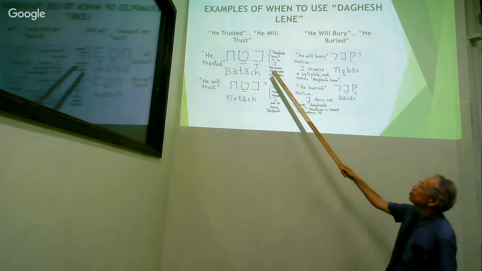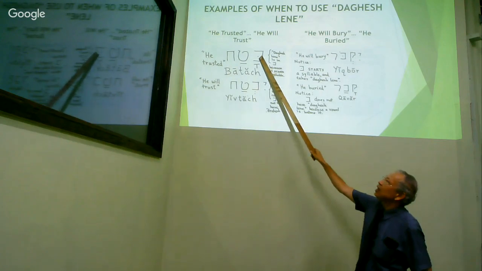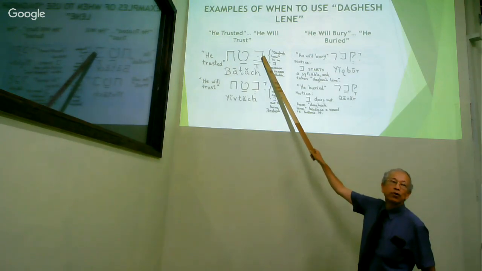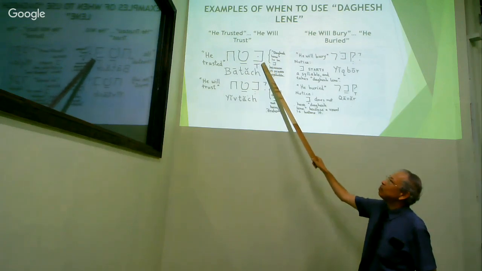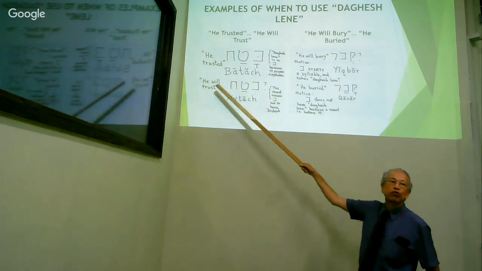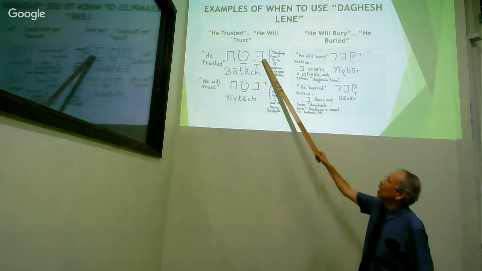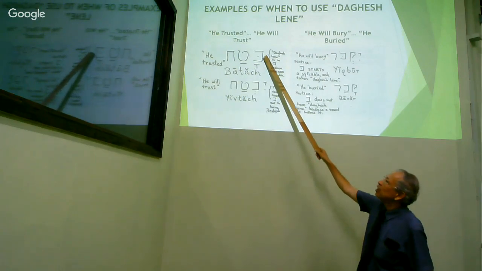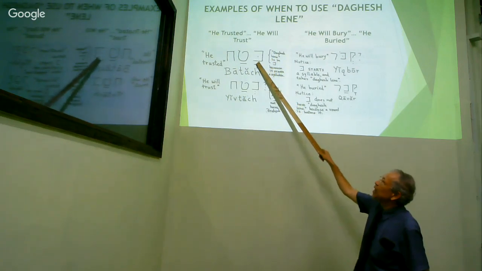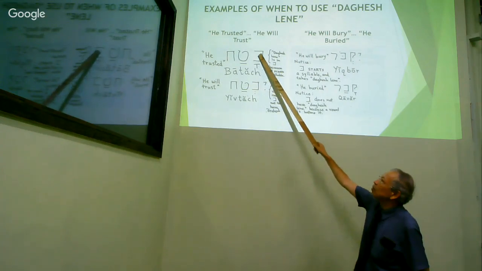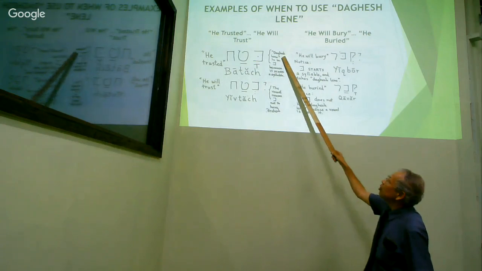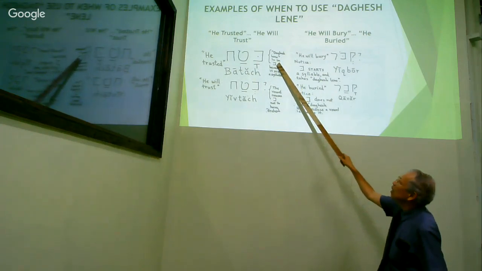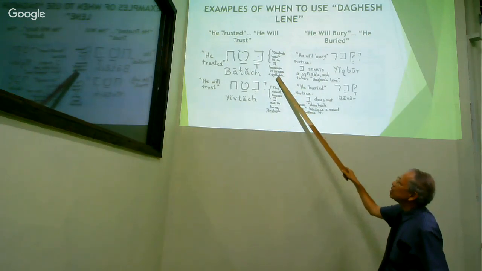Now, notice there is a Daghesh Lene in the Beth, and it starts a syllable. This is batak, which means he trusted. And notice it starts the syllable. It's at the beginning and it starts the syllable. Ba. So Daghesh Lene is in Beth because it starts a syllable.